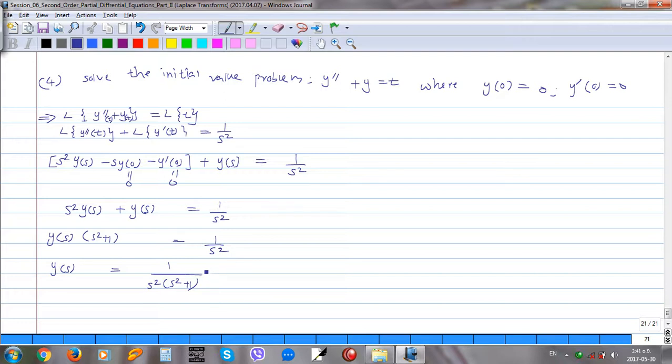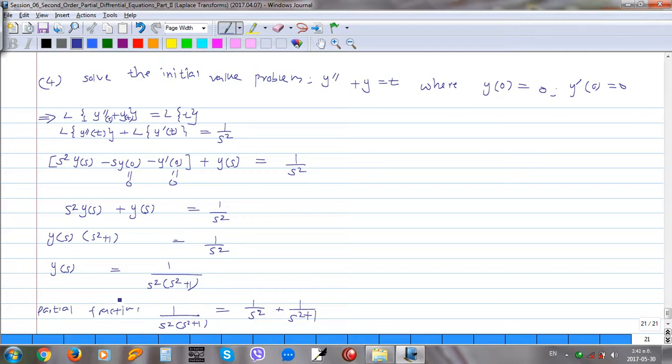So then again partial fractions. Use the partial fractions. After finding the partial fractions, 1 over s square times s square plus 1 can be taken as 1 over s square minus 1 over s square plus 1. This part do it yourself, finding the partial fraction, that is up to you.